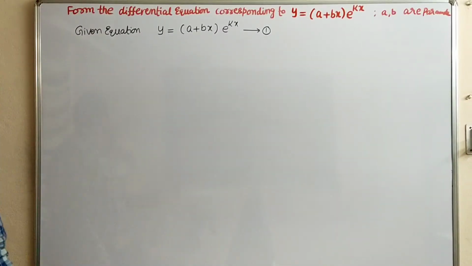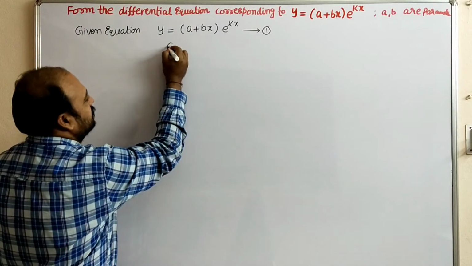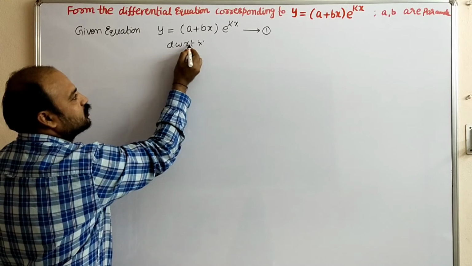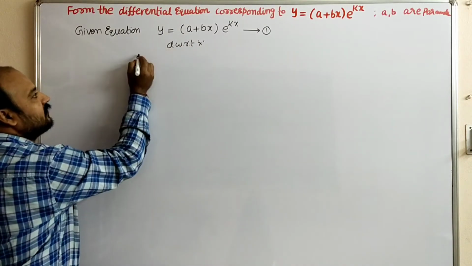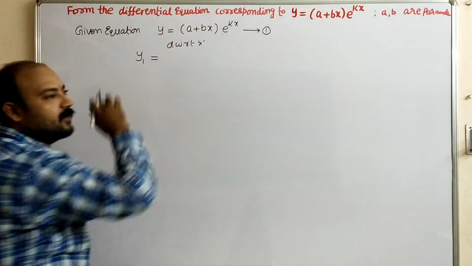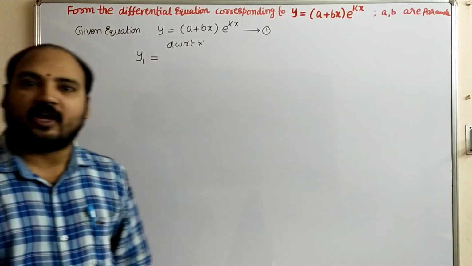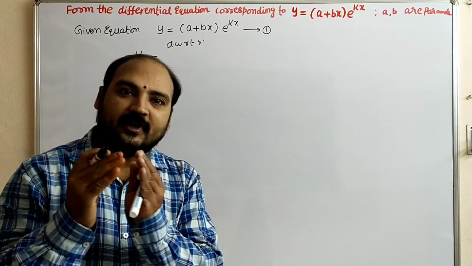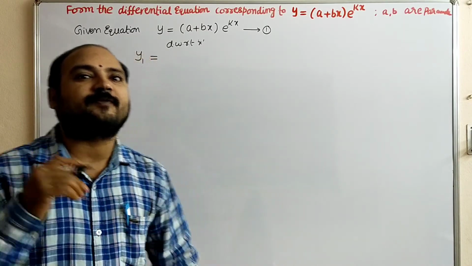So first you have to differentiate with respect to x. Y derivative is y1, which is equal to, here we are applying the UV formula. d/dx of uv is first function into d/dx of second function plus second function into d/dx of first function.